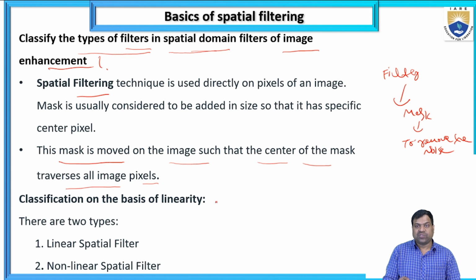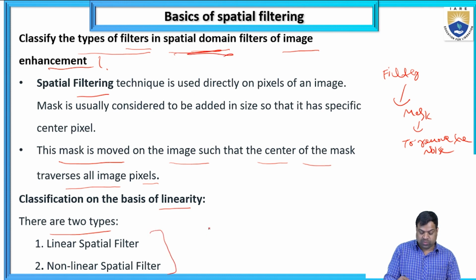So what are the classifications by the linearity of the function? There are two types of spatial filters: linear spatial filter and non-linear spatial filter.